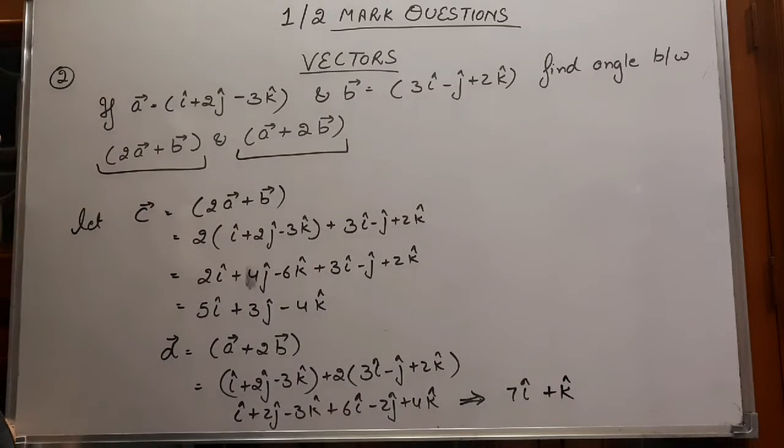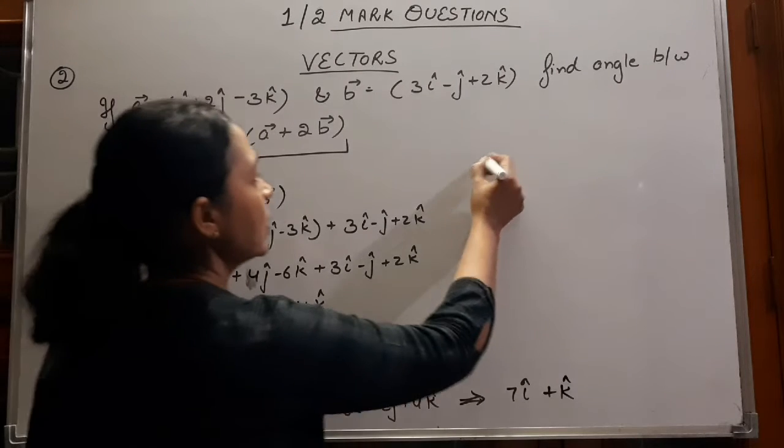This is vector D. Now we have to find the angle between vector C and vector D.